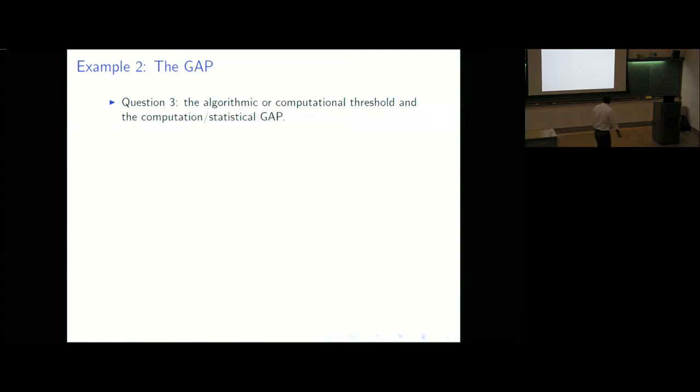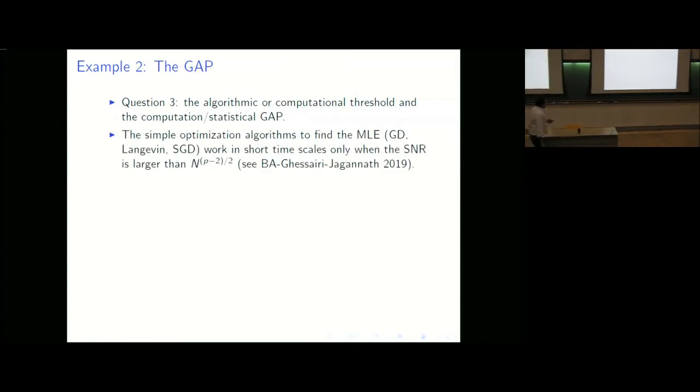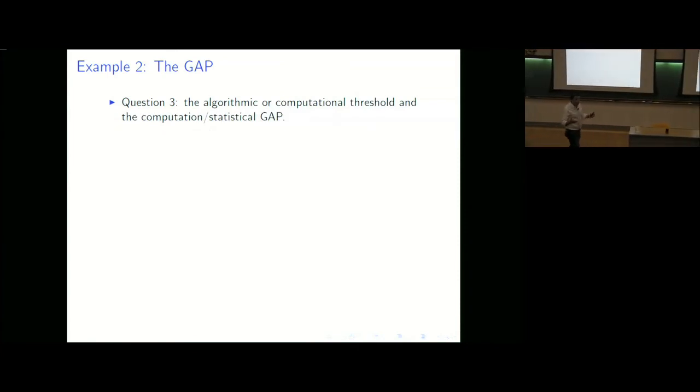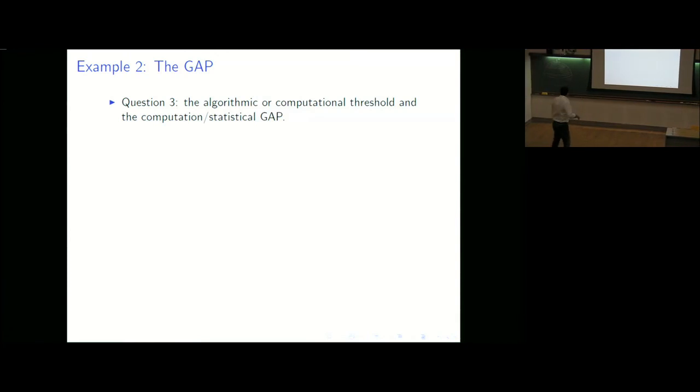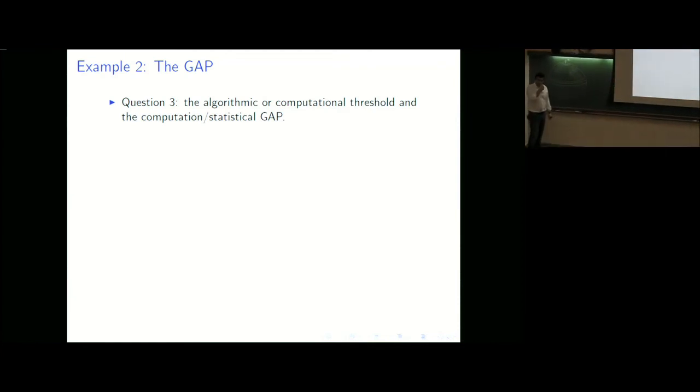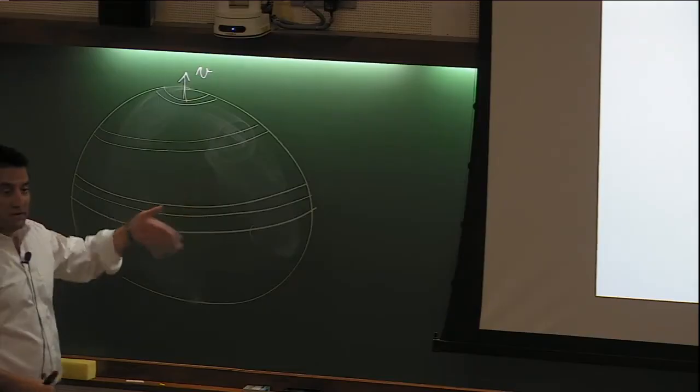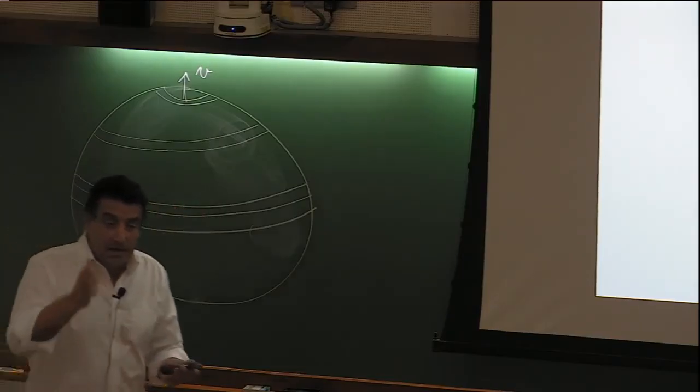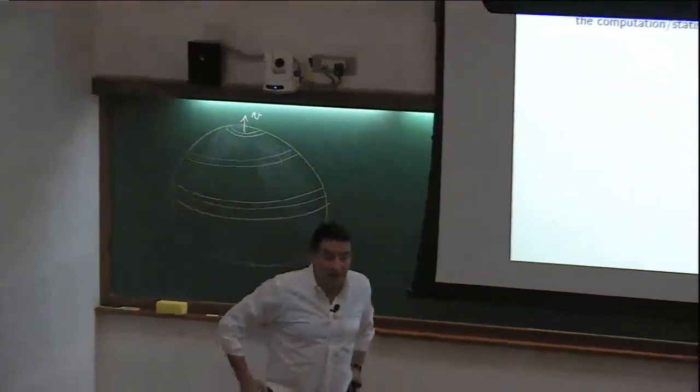All right, so now the question is the computational threshold. Let's take simple plain vanilla algorithms. You can take Langevin dynamics. You know what Langevin dynamics would be here: it would be to take the Brownian motion on the sphere in the potential defined by this function.